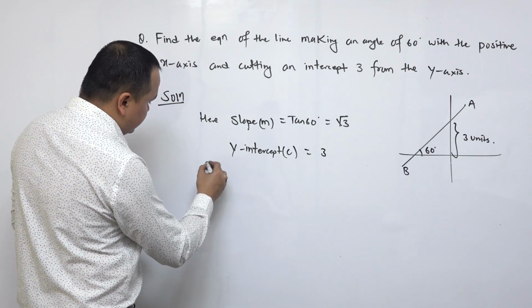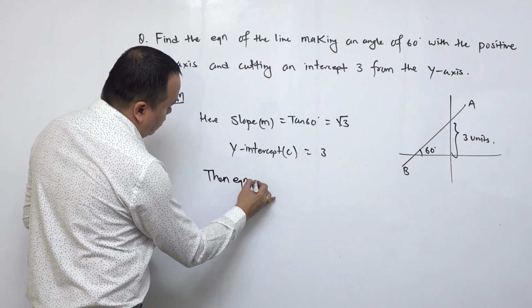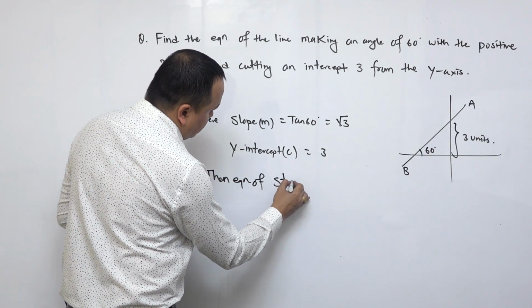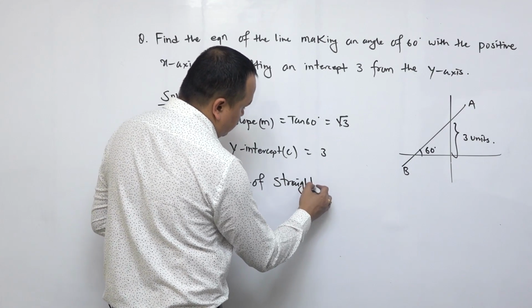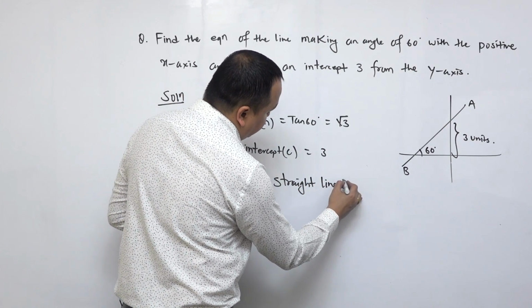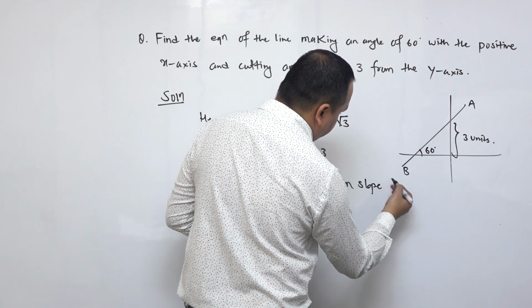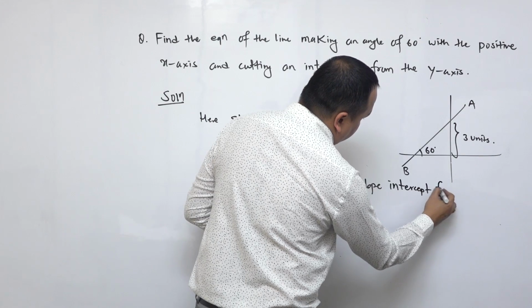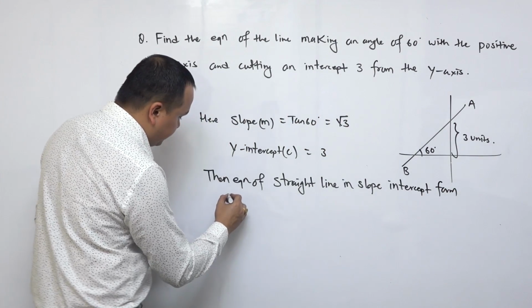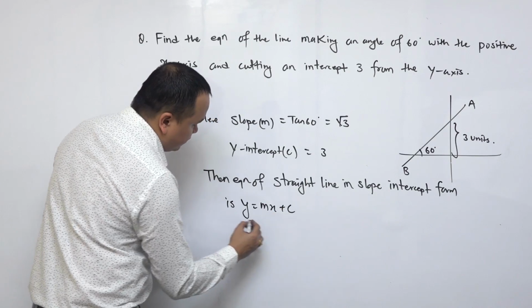Then the equation of straight line in slope intercept form is y is equal to mx plus c.